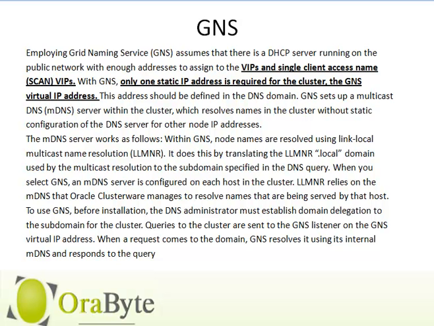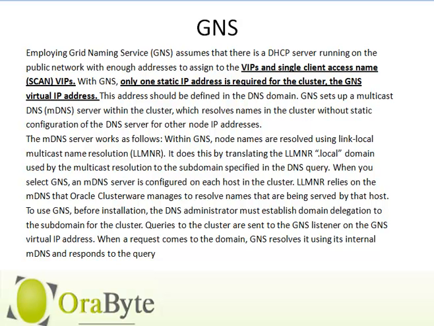So before you set up the GNS based clusterware, you have to talk to the DNS admin folks and establish domain delegation to the subdomain of a cluster. So you'll have to create a subdomain and then you have to do the delegation.